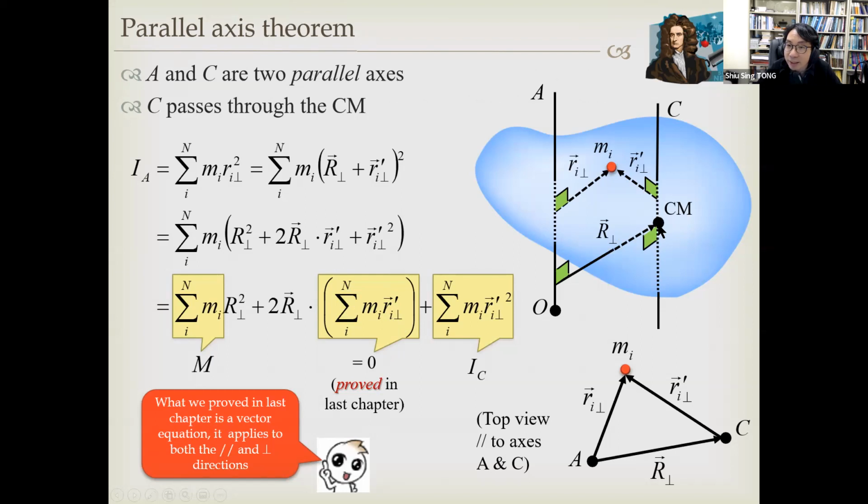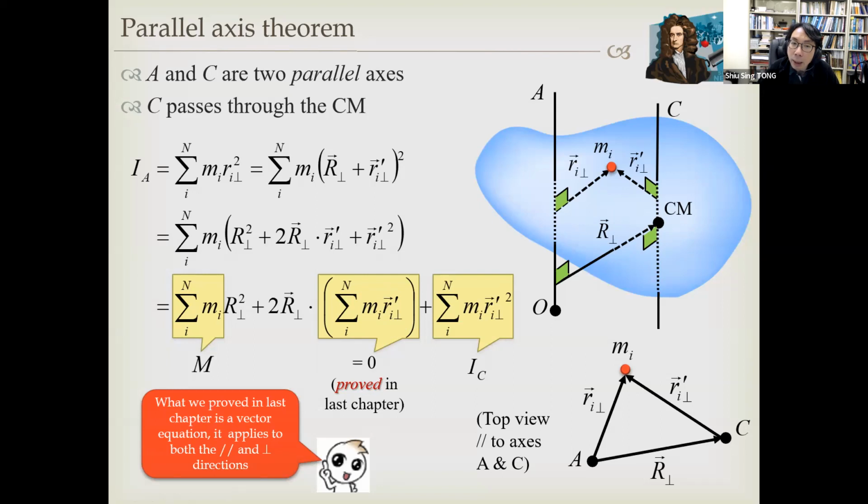These Ri perpendicular prime all begin at the center of mass position, pointing outwards to different masses, right? So that means the summation of Mi Ri prime is equal to 0, as shown in the last chapter. You take the moment about the center of mass, and that of course gives you 0.